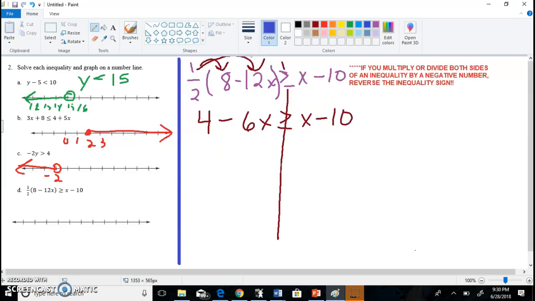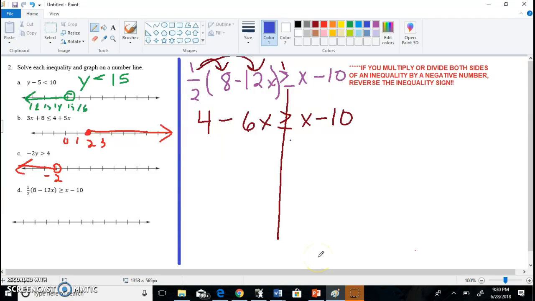So I can either add 6x to both sides, or I can subtract x on both sides. You would add 6x because you're subtracting it, and the opposite would be to add it. Here, this is a positive x subtracting 10, but you wouldn't add the x because it's positive. This is positive, so you would subtract it.